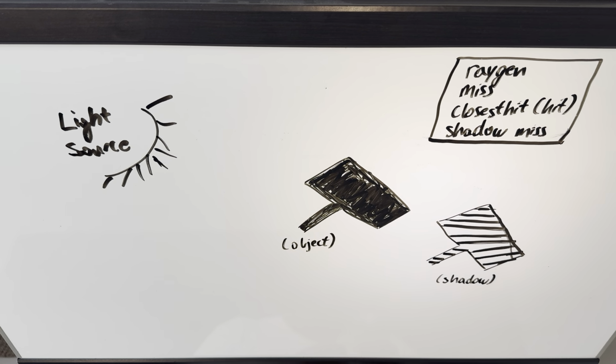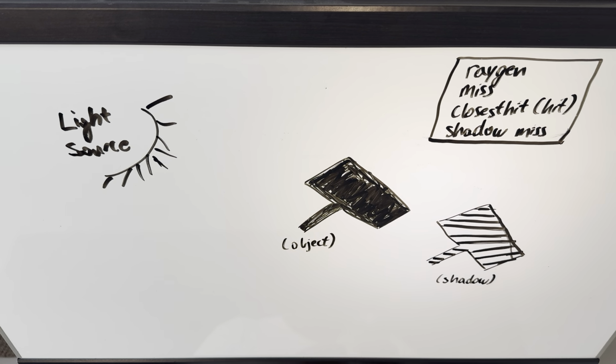So let me clean this up a little bit. All right, so we have our primary ray, and we record a hit right here, right? So it's a primary ray, but we record a hit, okay? So when we hit something, like it's actually an object in our scene, we generate a second ray.